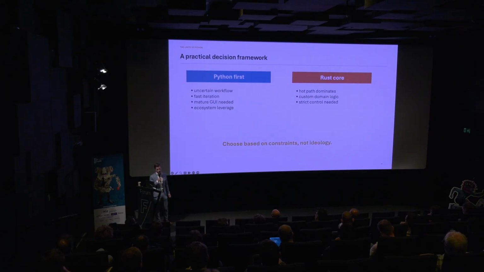But regarding GUIs, I would still go back to Python because of the maturity it has, and also the ecosystem that it supports. It's way bigger, has way more people in it, and is way more mature, as I said.